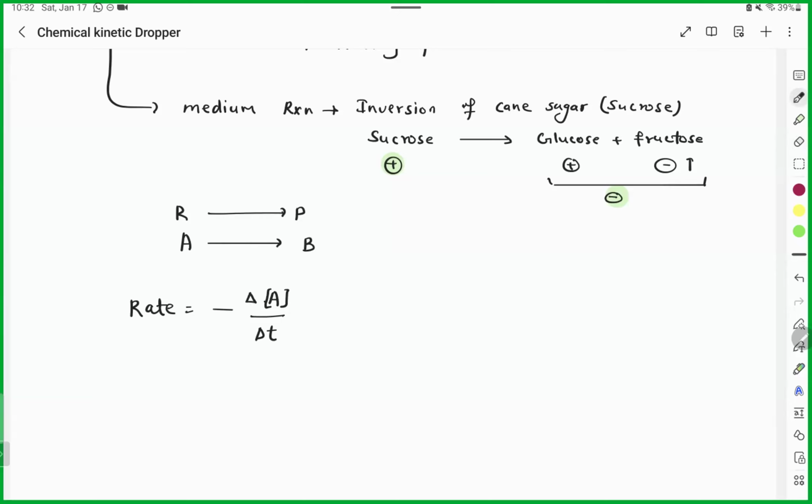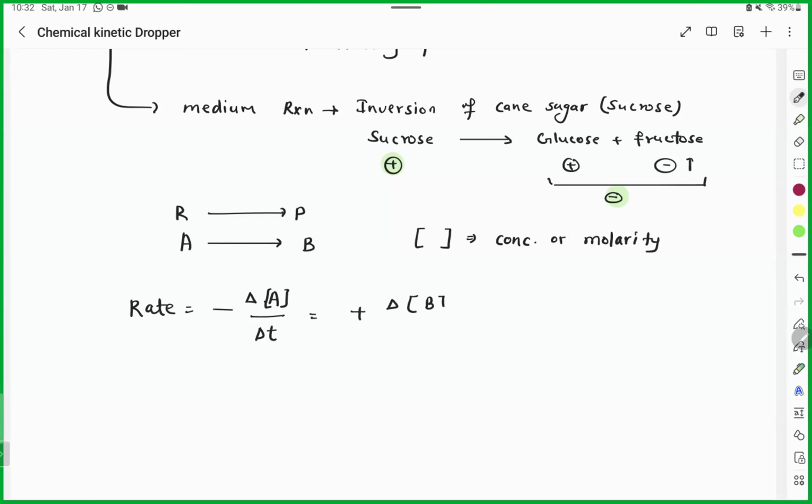Chandra, what is the meaning of bracket? The concentration. Okay, or molarity. In the chapter of ionic equilibrium, the same bracket is used for active mass. And the product will form because the product amount keeps on increasing with time.